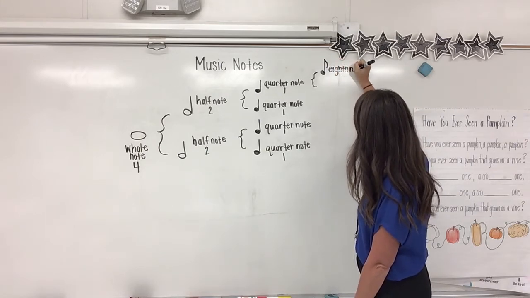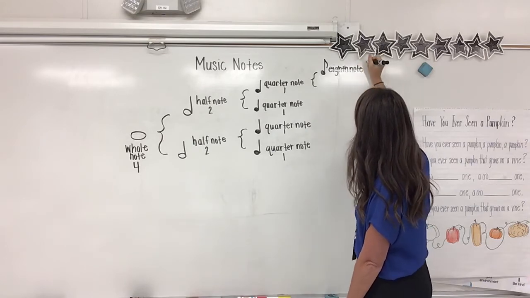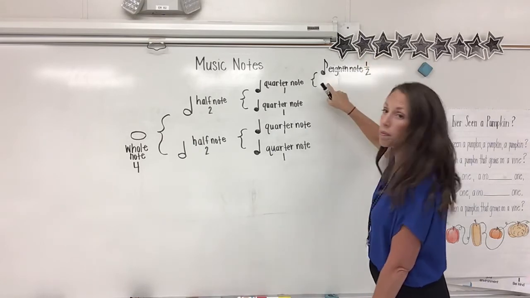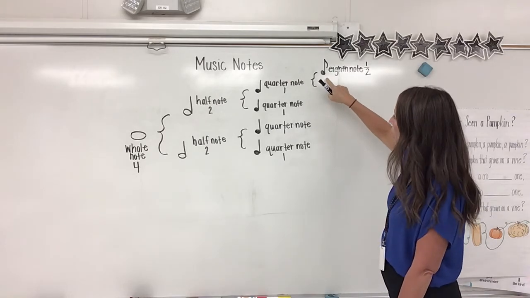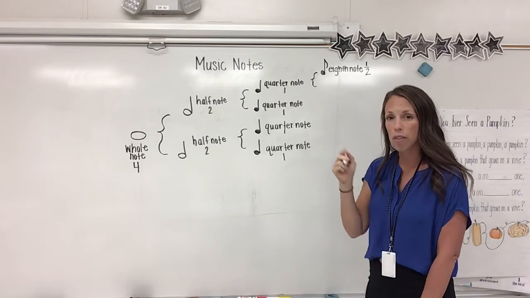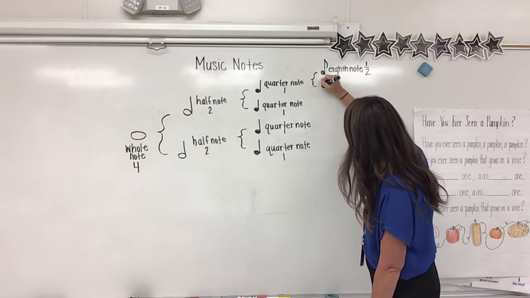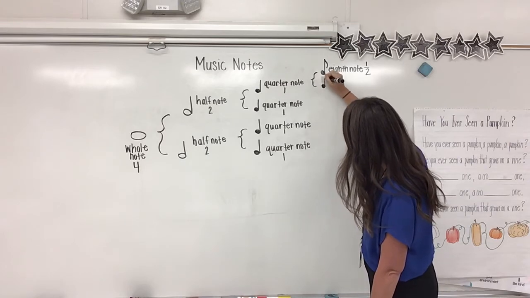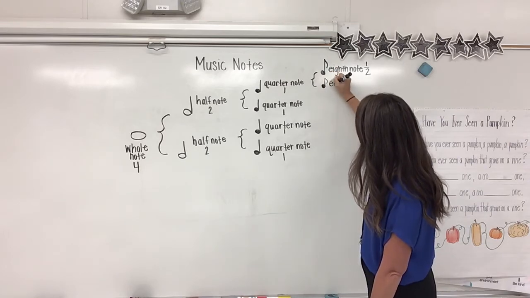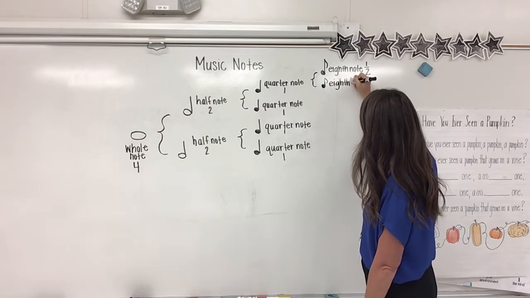So we learned about the beamed eighth notes. Okay? So a beamed eighth note is just 2 of these notes put together. And we remove the flags and we add a beam. So a quarter note would break down into 2 eighth notes.